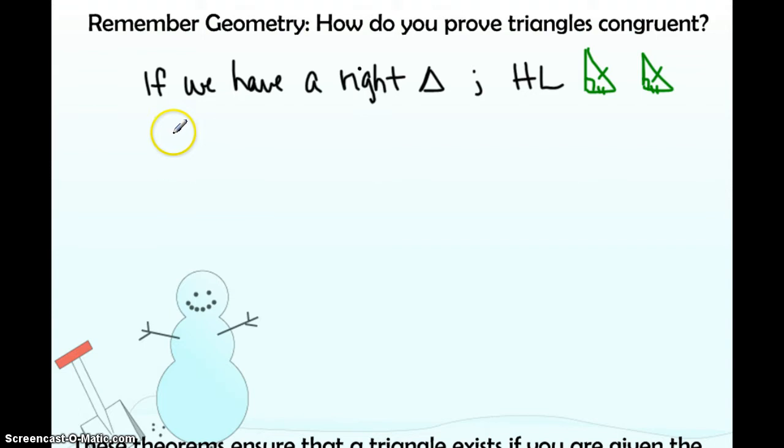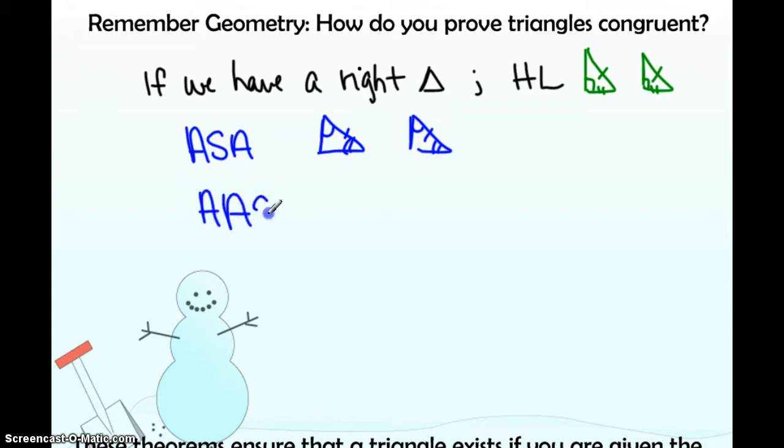If we do not, we are going to be looking at either an angle-side angle, where the included side is congruent, we can be looking at an angle-angle side, where we have two angles in a row and then the side.